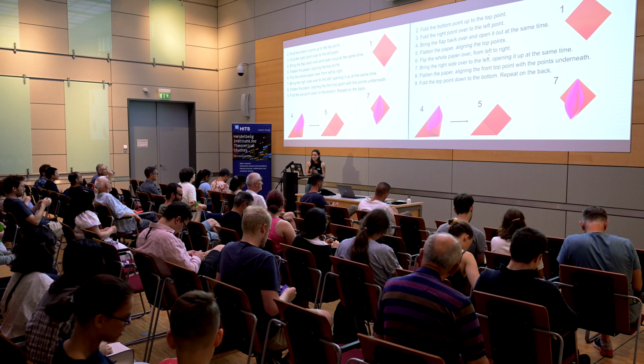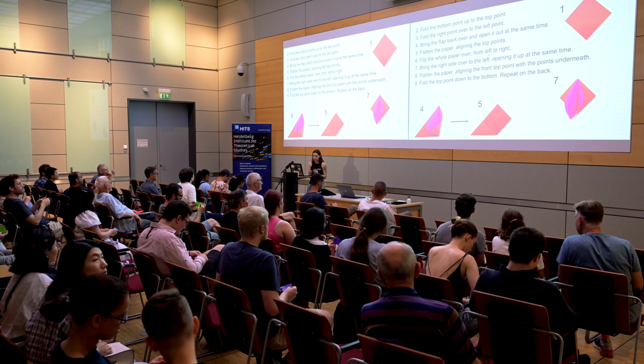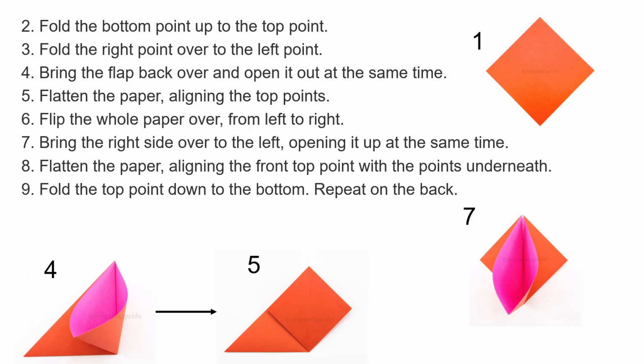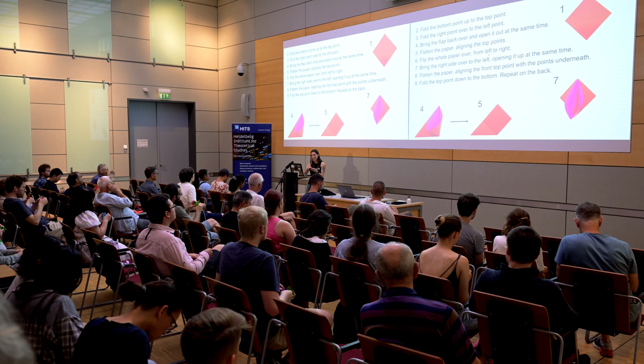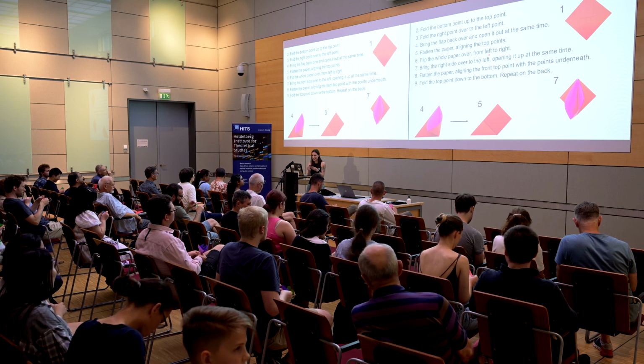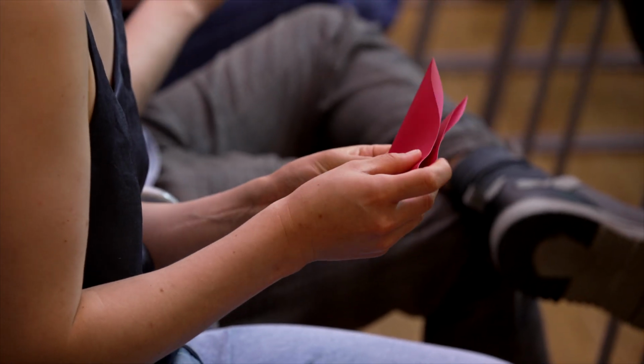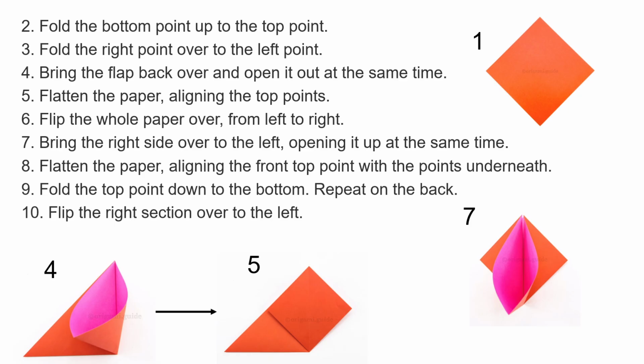Okay, so next, fold the top point down to the bottom and then repeat on the back. And if you aren't following anymore, that's okay, don't worry. So now flip the right section over to the left. So you should have something like this at this point, and then you're gonna flip it like this. And you're gonna get the different color on the outside.